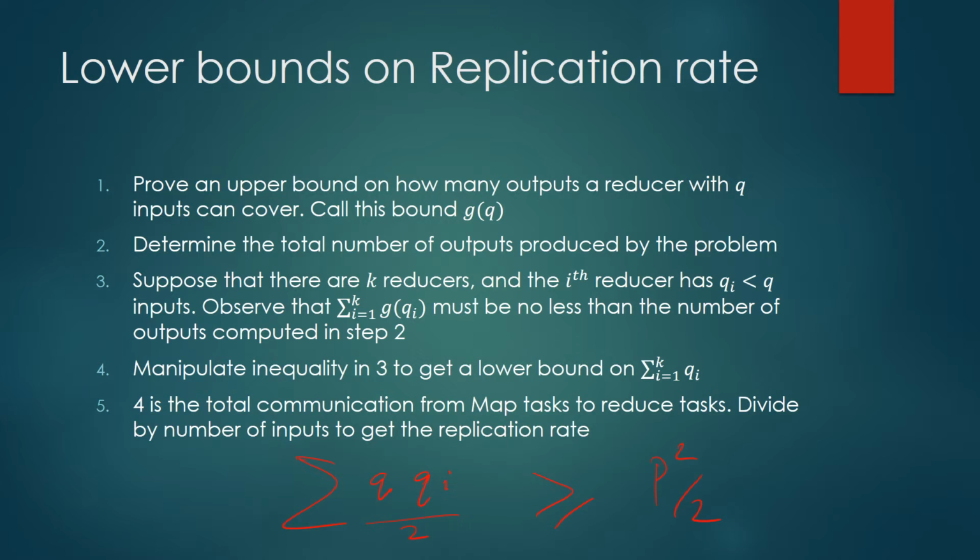Which means I can factor Q out of the summation, right? And then we can manipulate this, which basically means that the total communication that I would have would be this, right?